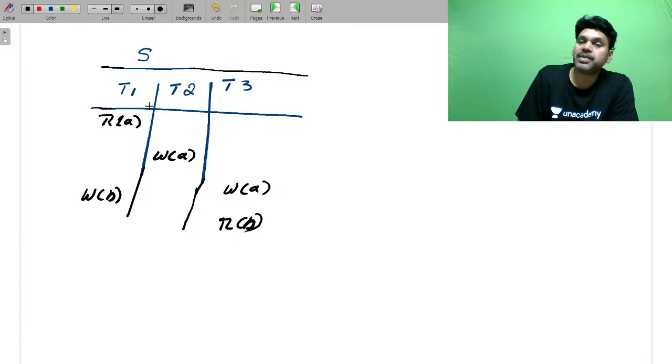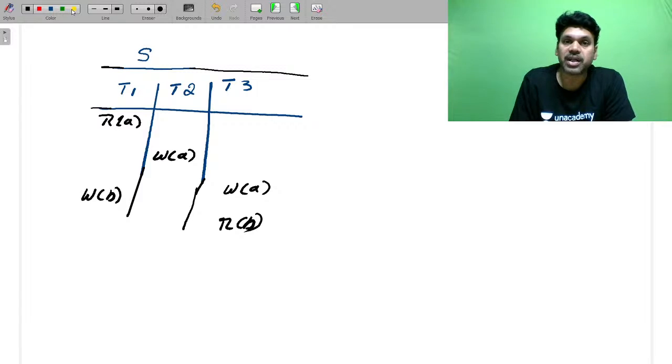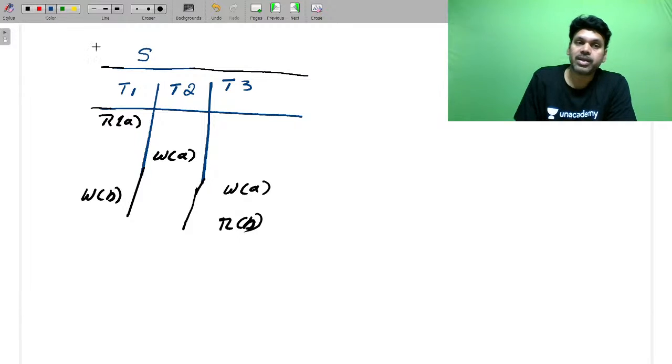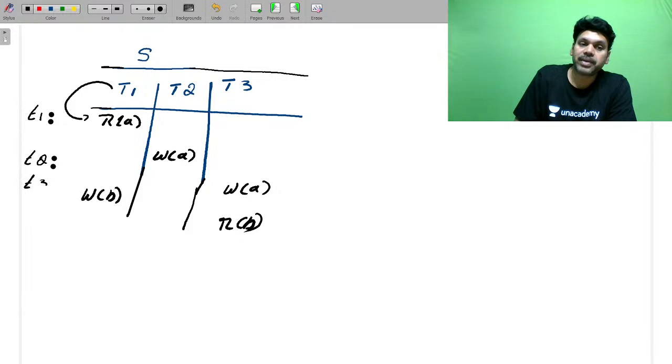So what is interleaving fashion? The actions are executed based on timing, or transactions are executed based on preemption. So according to this, first T1 is executing a read of A, then T2 at timing 2 is executing this, and after that T3, then T4, then T5.